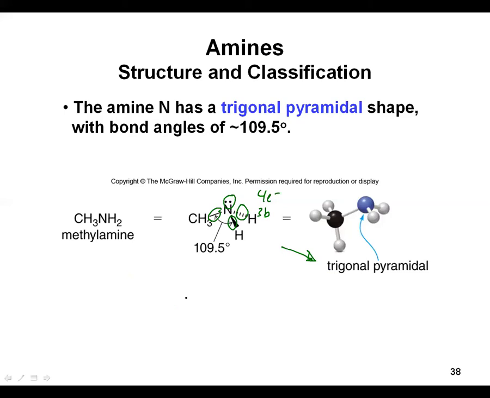It makes that pyramid shape, and with the lone pair up there, it makes kind of a triangle as well. So we have this trigonal pyramid shape with a bond angle of 109.5, which is based off of its 4 electron pairs and its tetrahedral geometry for its electron pair geometry, not molecular geometry.